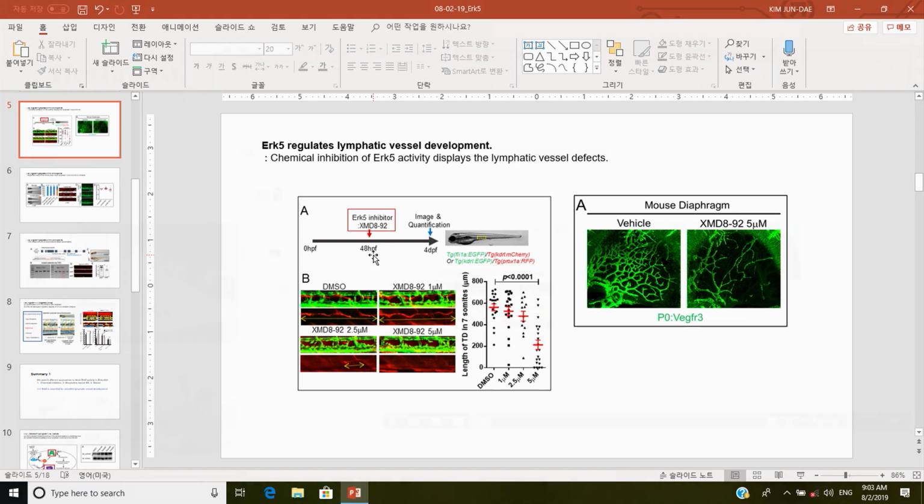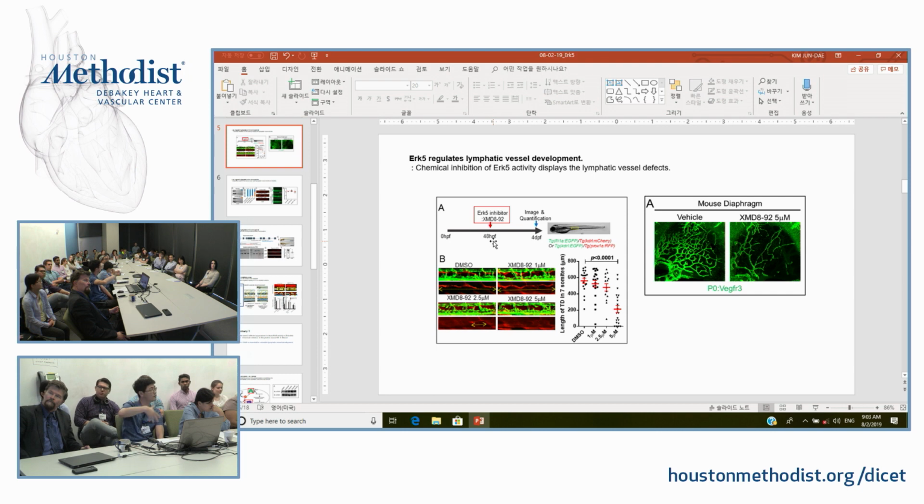That means at the two-day stage, angiogenesis is already done, and most vessels are already formed. But lymphatic development starts later. So we treated with these chemical drugs to block only lymphatic development. It is very similar to tissue-specific knockout models in the mouse. I'm sure the ERK5 knockout mouse died from a cardiovascular defect very early.